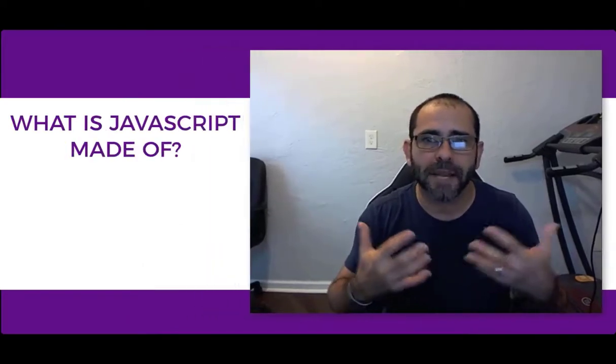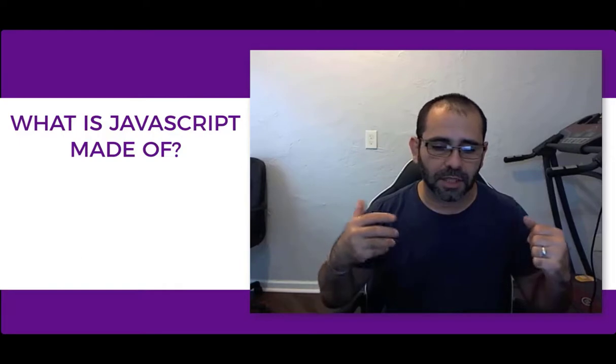So what we're going to talk about in this video is the construct of JavaScript. Like I said, we talked about how the JavaScript engine works in the previous video, but in this one, we're going to talk about what JavaScript is really made of.